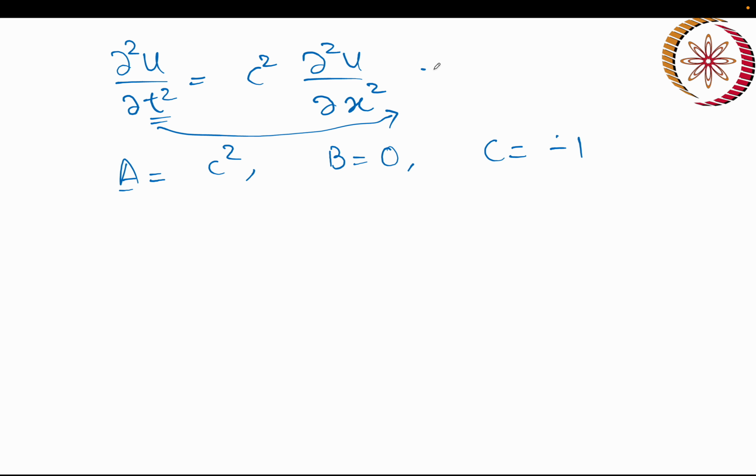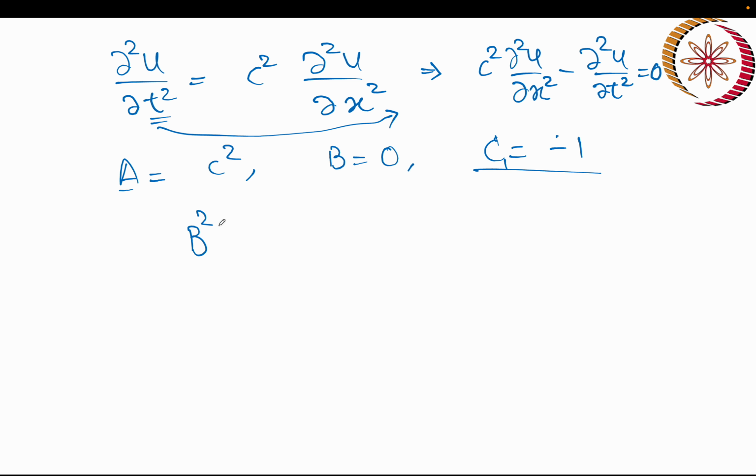So this is c square dou square u by dou x square minus dou square u by dou t square, and a is equal to c square and capital C is equal to minus 1.